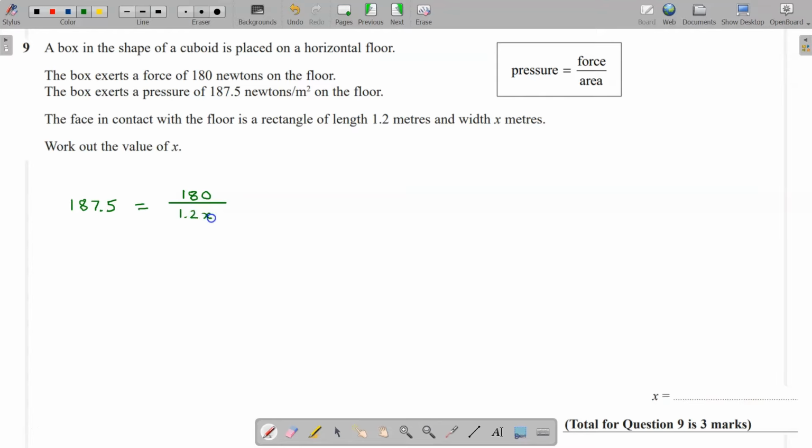Now if I rearrange this to find x, that's what I need to find. I just have to multiply both sides by 1.2x and divide by 187.5. So I'll do that first. So 1.2x must be 180 over 187.5.